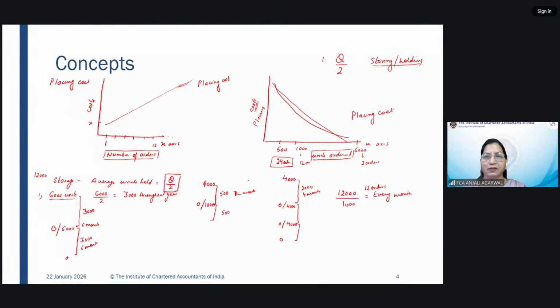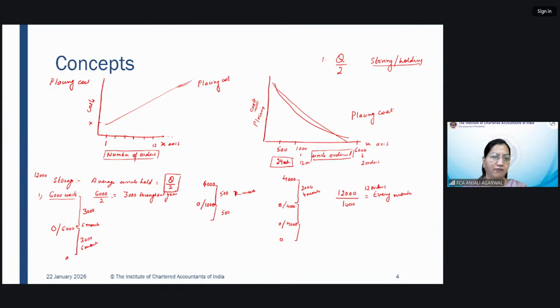So be sure that the storage cost is not calculated on the quantity ordered, because we are going to consume from it. We have not bought it just to hold. Therefore, the storage cost is always calculated on an average quantity held, which is Q by 2, right?